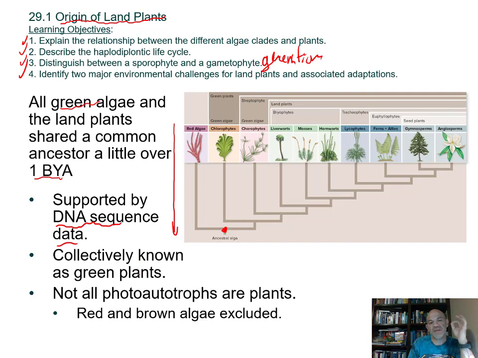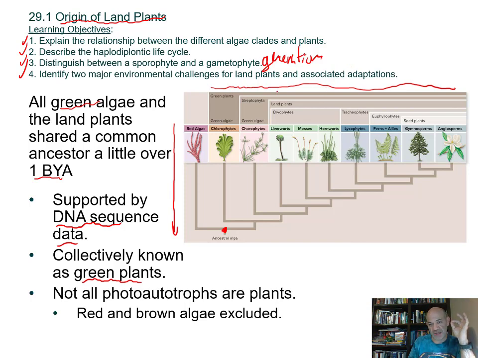Now, collectively, we're going to know this group as green plants overall, and then there is the land plants. And part of the green plants overall will include a couple of groups of algae, which would be the green algae. So all of these right here, we might refer to as green plants in some classification schemes.